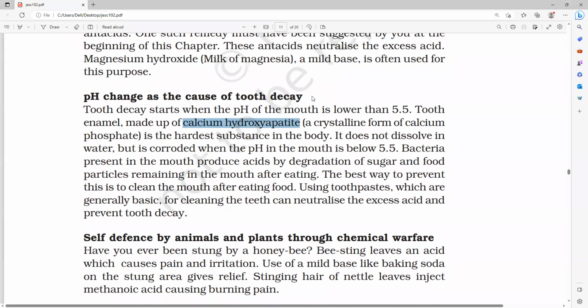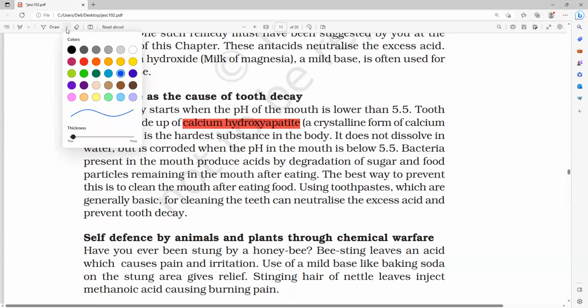I forgot it, but Mitakshri reminded me. Basically, it is insoluble in water, but it is corroded when the mouth pH falls below what, guys? Below 5.5. That is what you have to remember.